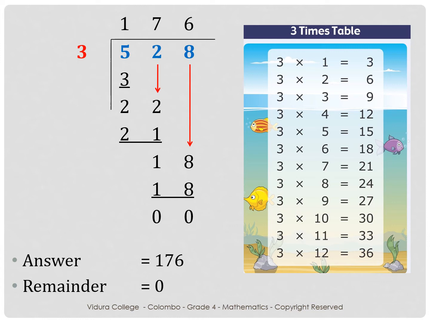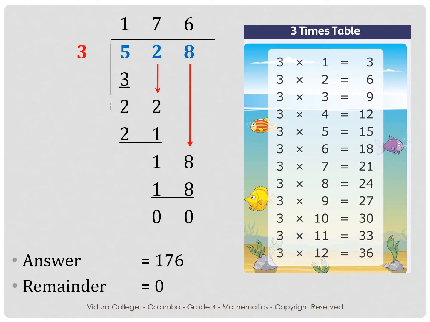Can you see the 3 times table? Yes, so you are able to find the nearest less number, 3. Hence, we write 1 above 5 as shown.